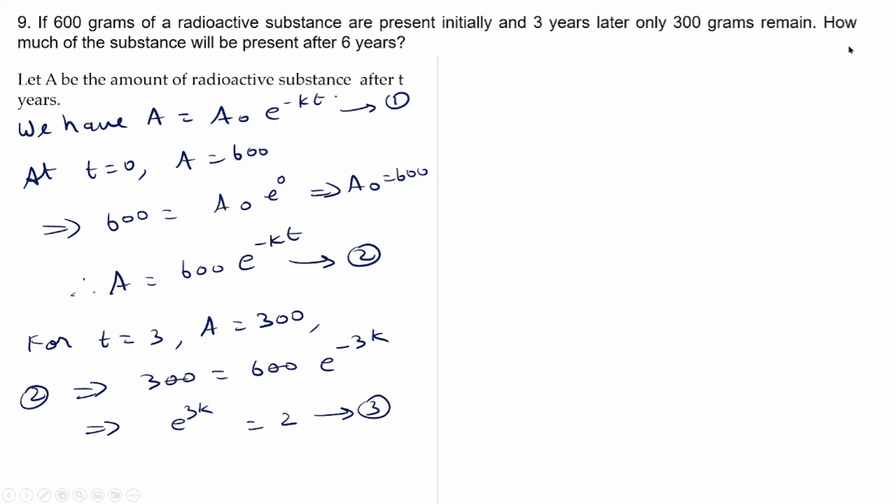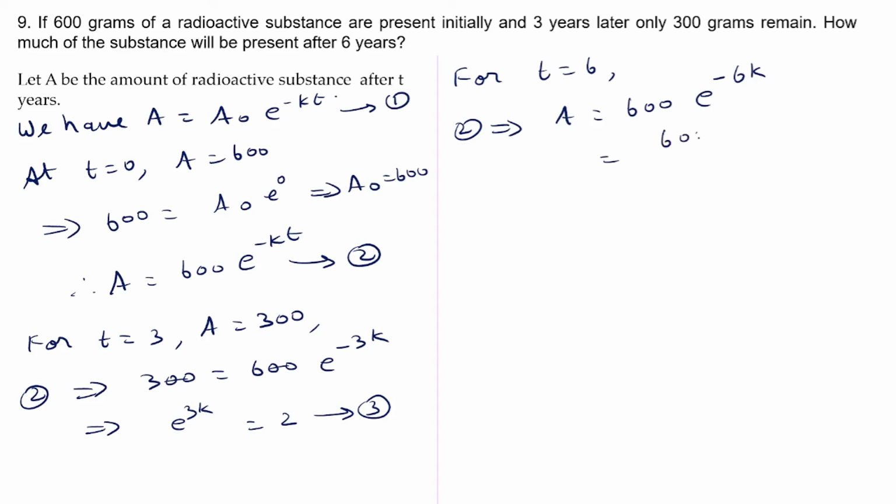Now we need to find how much substance will be present after 6 years. For t equal to 6, 2 implies A equal to 600 into e raised to minus 6k.